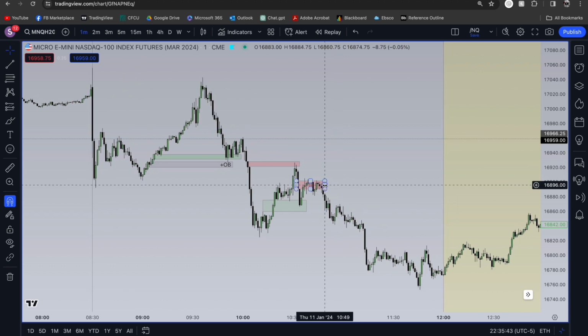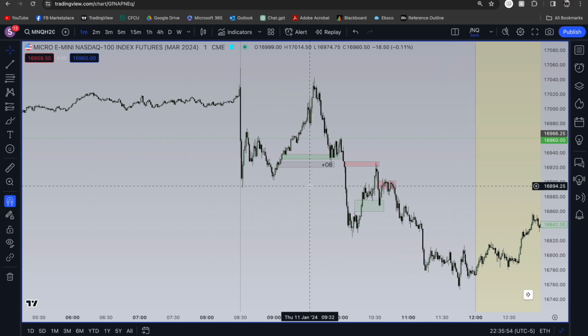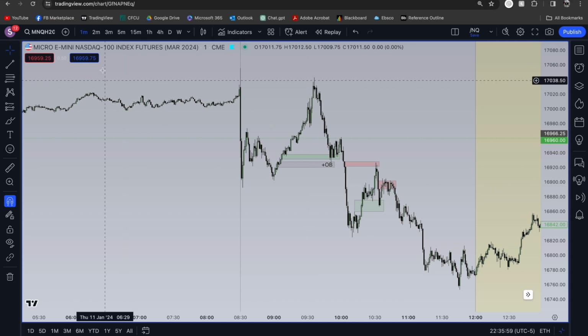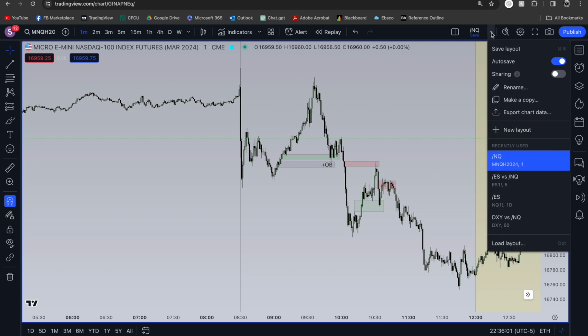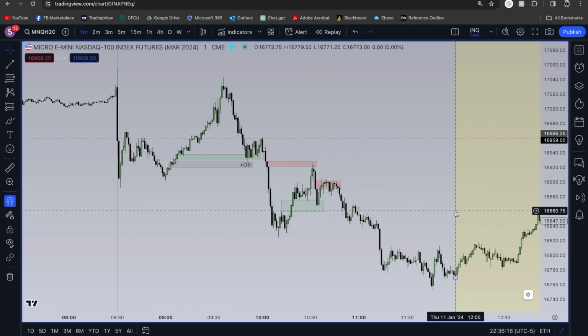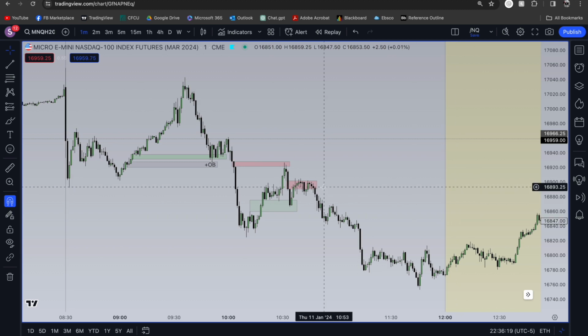I did take this, but I didn't do my due diligence this morning and do a top-down analysis and come out with a defined bias, and I didn't go through my other charts, such as ES versus NQ for divergence, or the dollar index versus NQ to see where the dollar wanted to go. So I was lazy, so to speak.